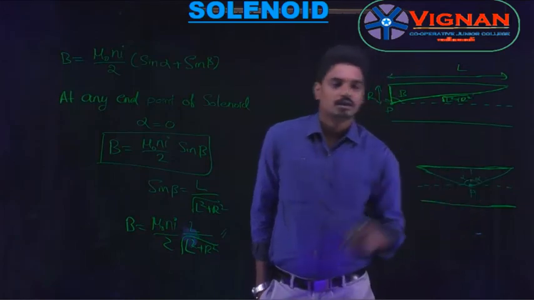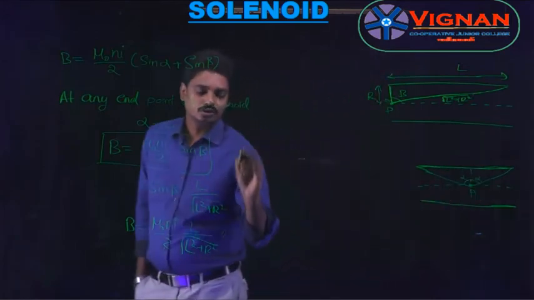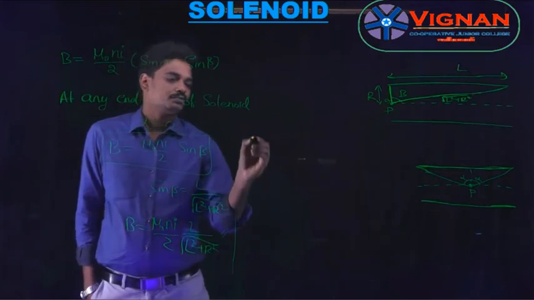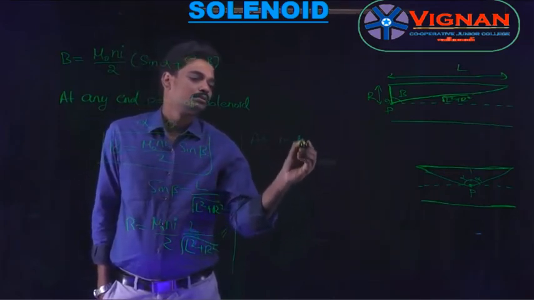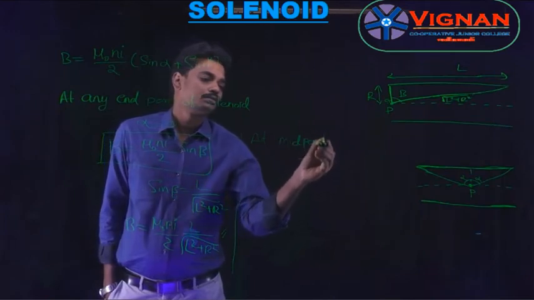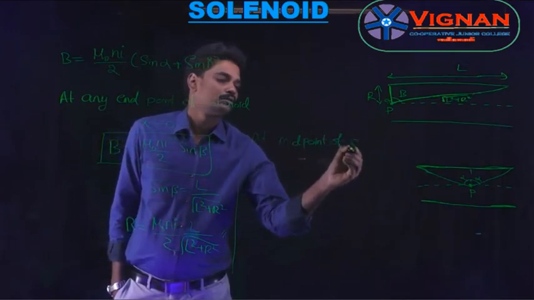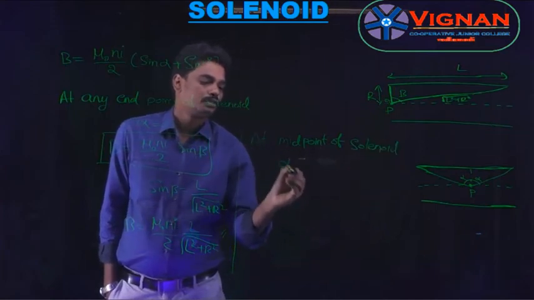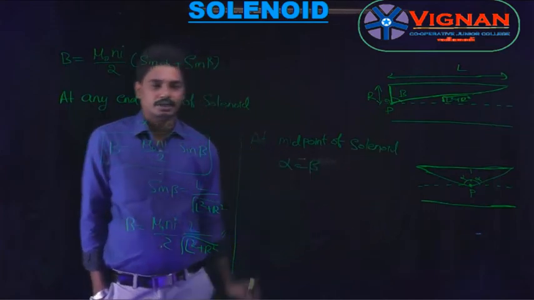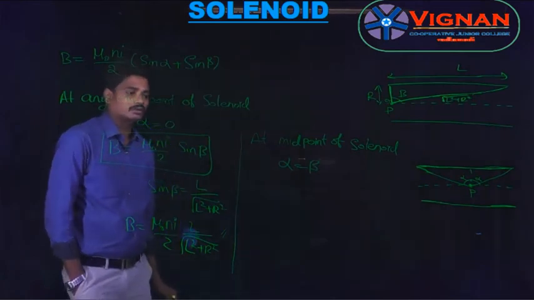Let them be alpha and alpha. So at the midpoint of the solenoid, alpha is equal to beta.